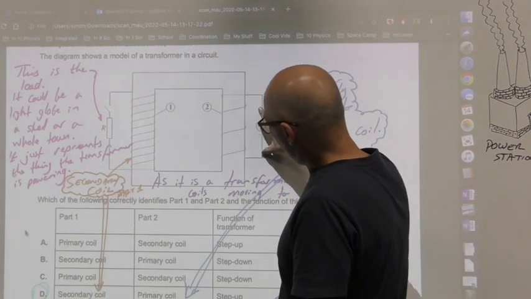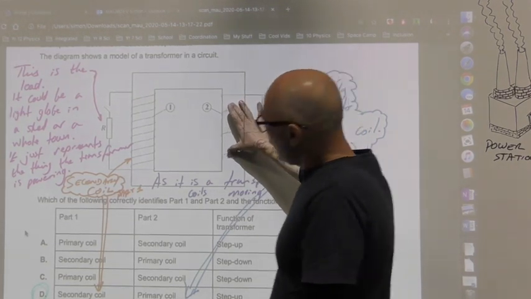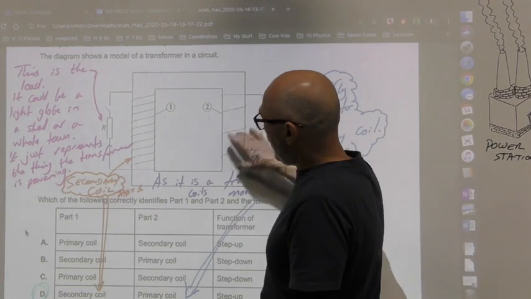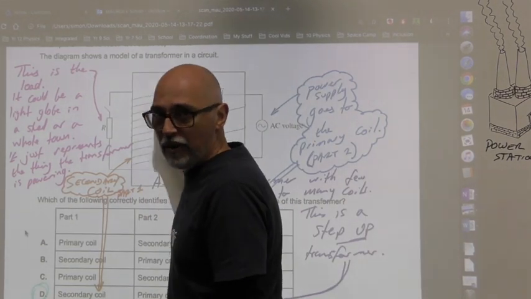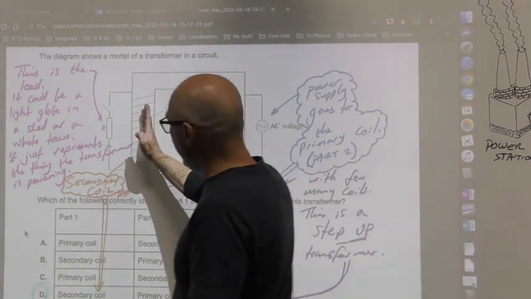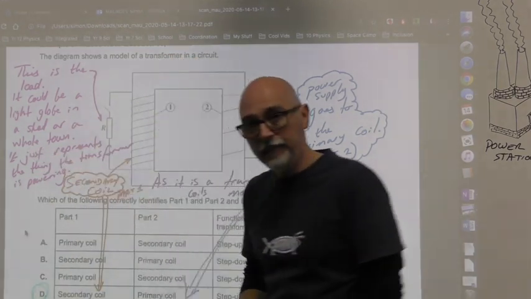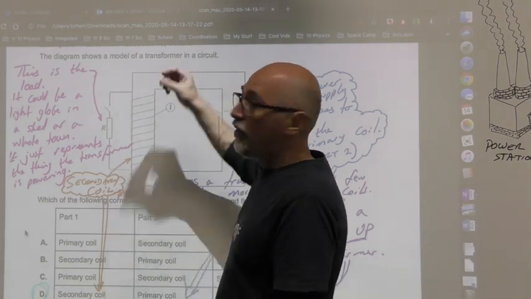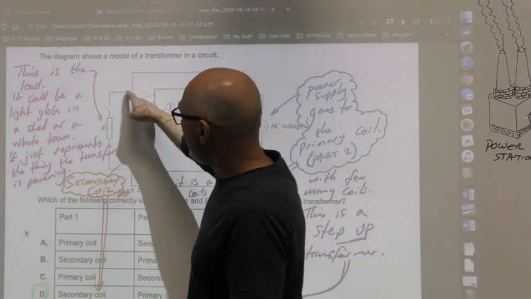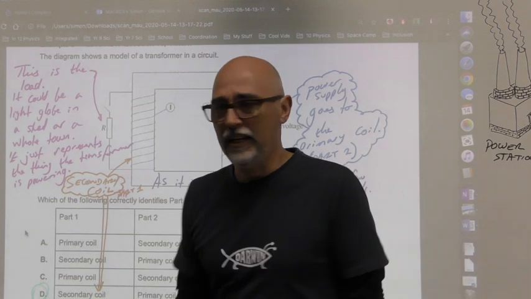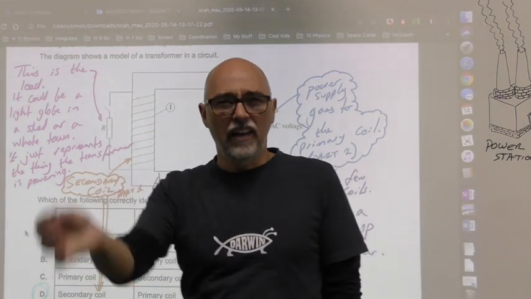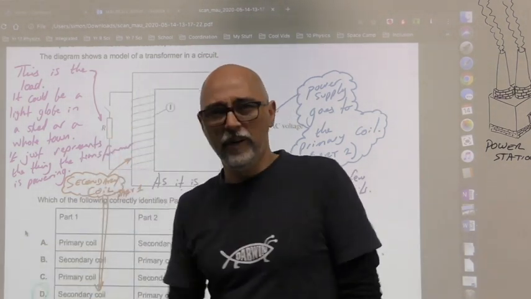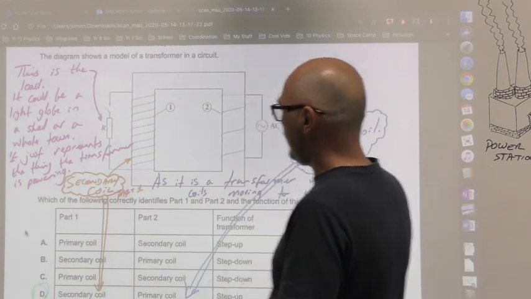Well, I'm supplying a few coils to create a field that washes over many coils, so that is going to give me more voltage out here. So in this transformer, the voltage will go up and the current will come down. And there's a resistor in this circuit here. So there's something there, whether it's a heater or a light or whatever, who cares? It's just some resistance, so it doesn't matter.